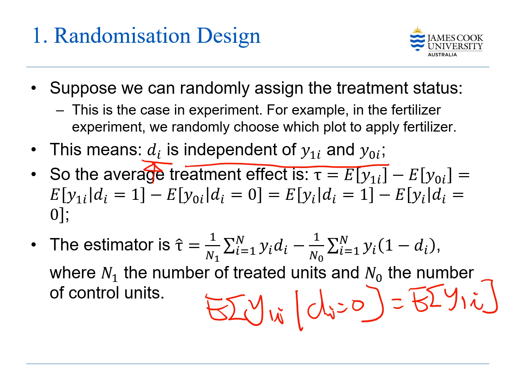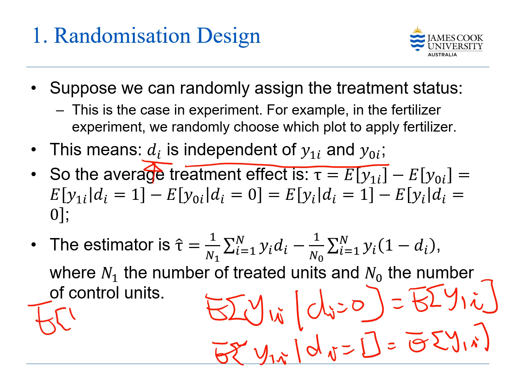So you see that when we condition on di equal to 0, it does not give us much additional information, because these two random variables, di and y1i, are independent. Similarly, conditioning on di equal to 1, it's the same. And also for y0i, the potential outcome of untreated.